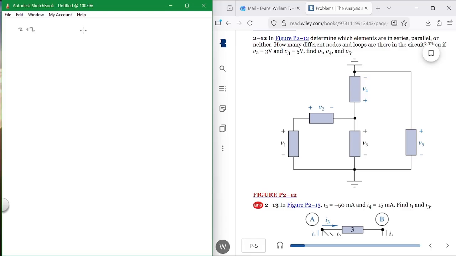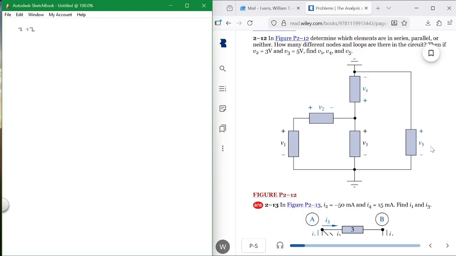All right, determine which elements are in series, parallel, or either, and how many different nodes and loops there are in the circuit. And then it says, if V2 is equal to 3 and V3 is equal to 5, find V1, V4, and V5.